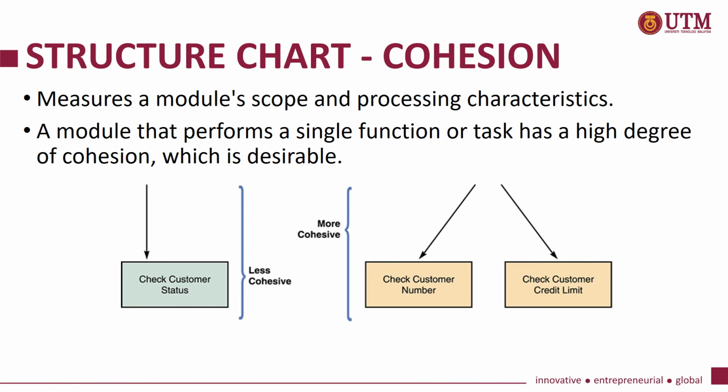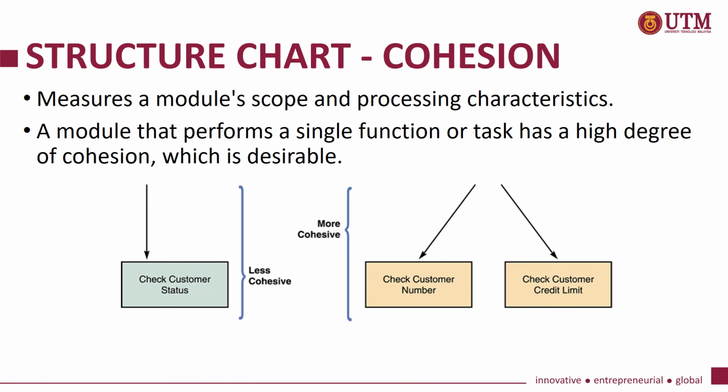If a module must perform multiple tasks, more complex coding is required, and the module will be more difficult to create and maintain. If you need to make a module more cohesive, you can split it into separate units, each with a single function. In the figure here, the task called check customer status actually consists of two separate tasks, which are check customer number and check customer credit limit.